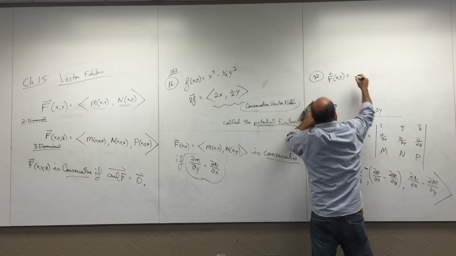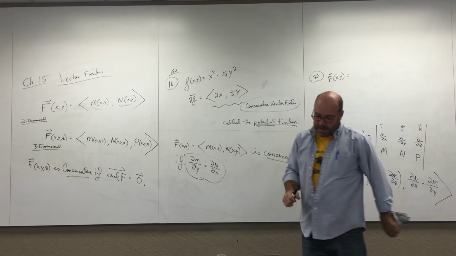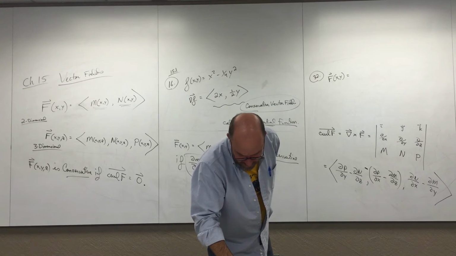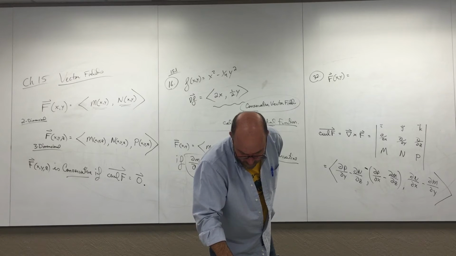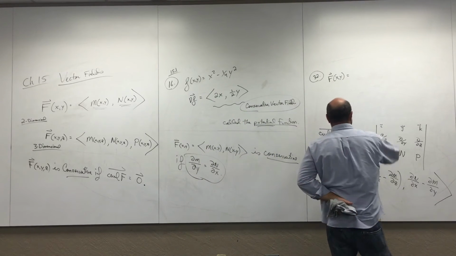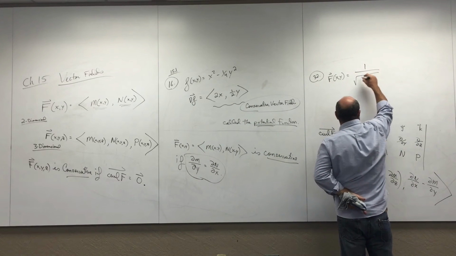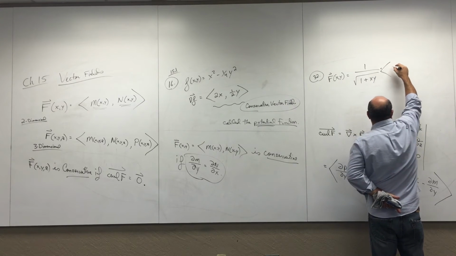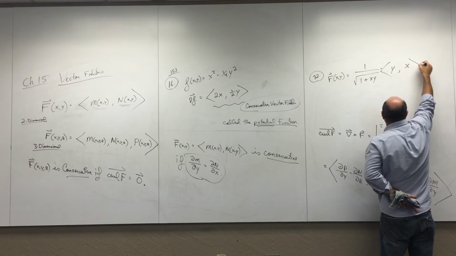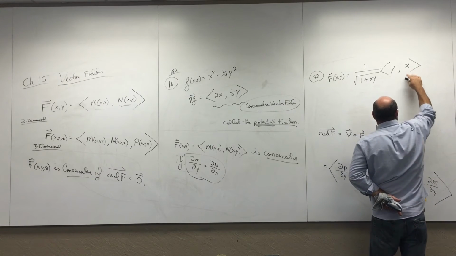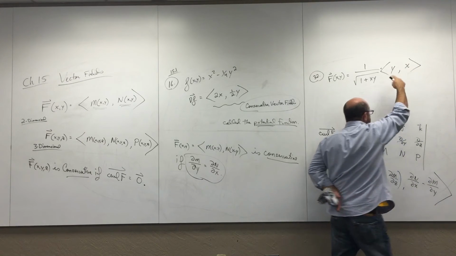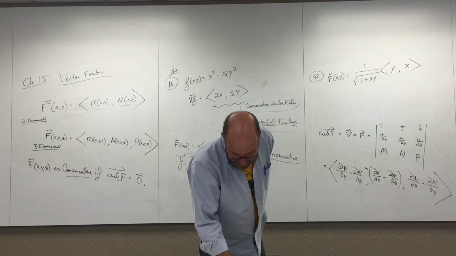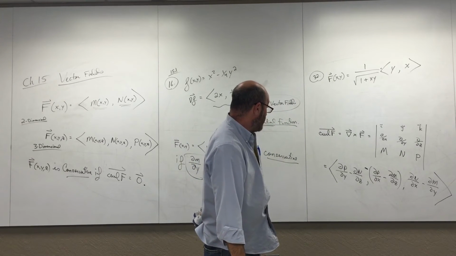It's just 2D. And it is 1 over the square root of 1 plus xy in front of yi plus xj. Wow. 1 over the square root of 1 plus xy in front of the vector y comma x. That was yi and xj. I write my vectors in this format. Yeah, that was it. Wow.